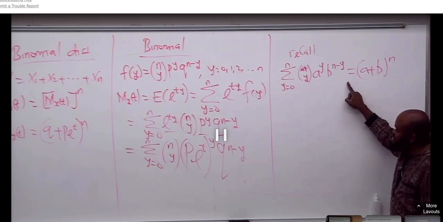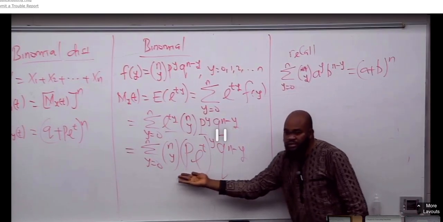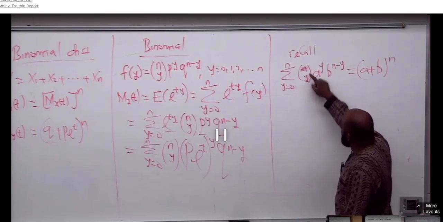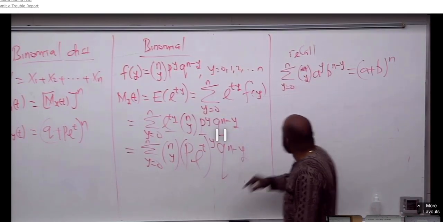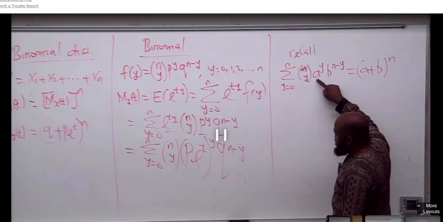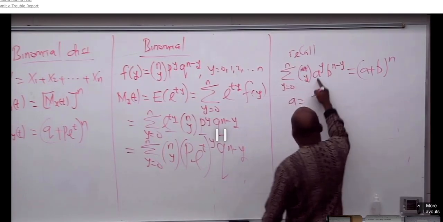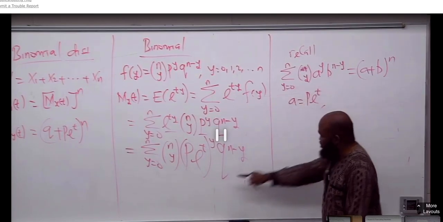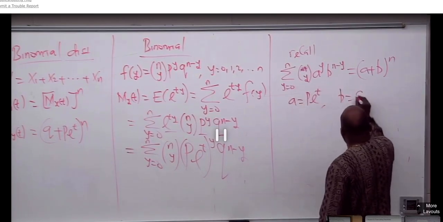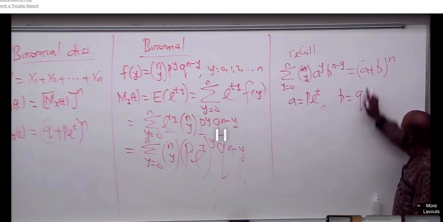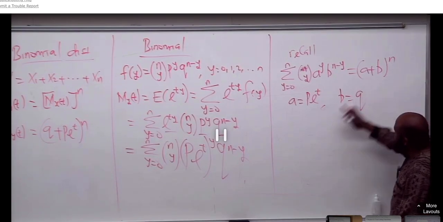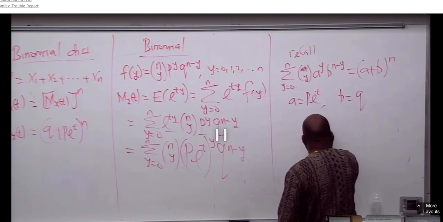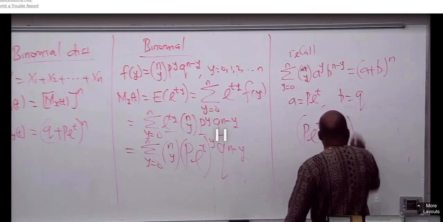Let's compare this with this now. In n combination y, what is my a? Here a is p e raised to power t. What is your b? Your b is q. Plug them in here. What do you have? p e raised to power t plus q, all raised to power n.